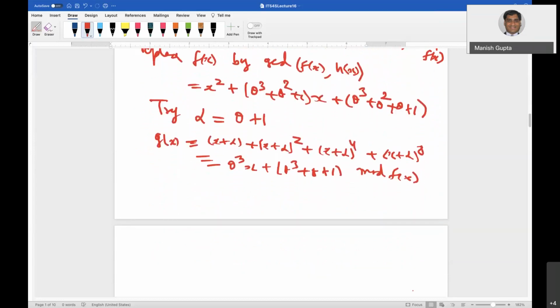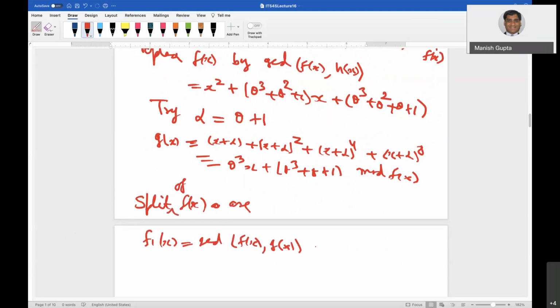Now split f(x). The splits of f(x) are f1(x), the first factor, which is the GCD of f(x) and g(x), and this turns out to be x + θ²+θ.